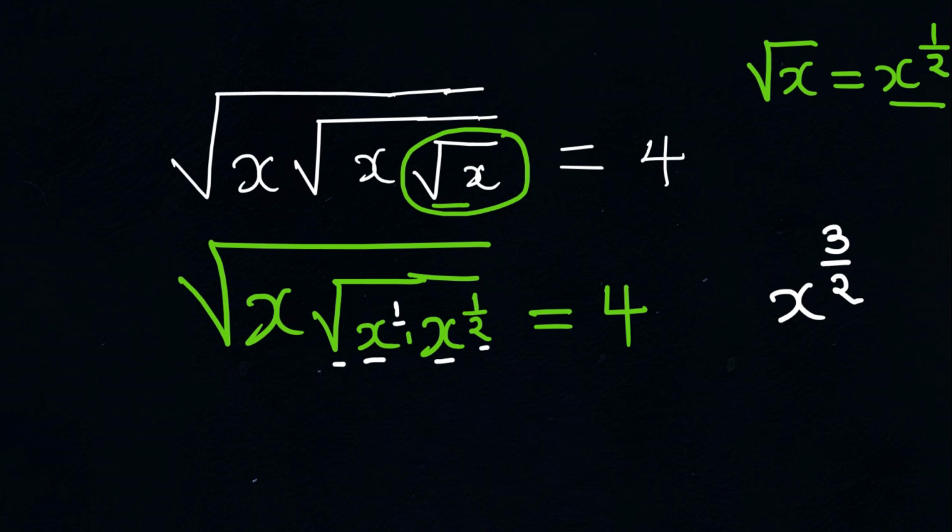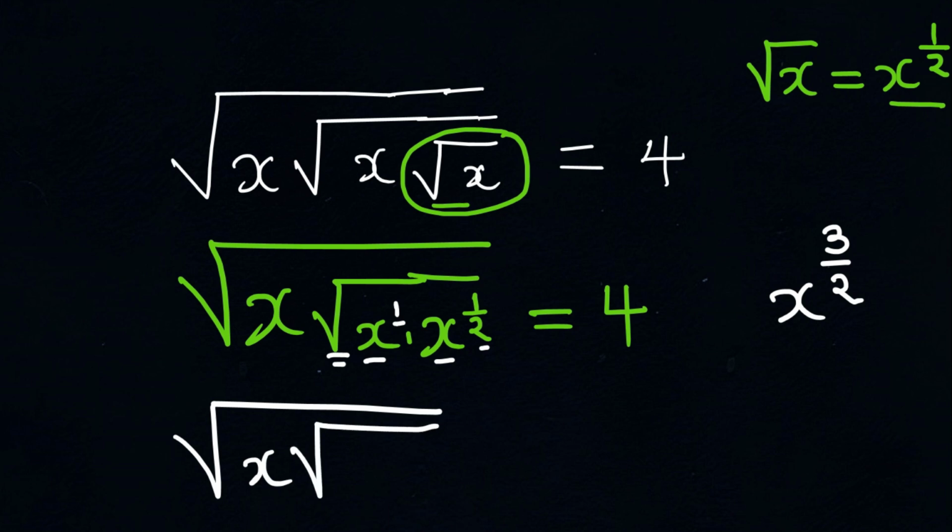So in the end, within this square root, you are going to have x to the power 3 over 2. And that means that the next step will just be x, the square root of x to the power 3 over 2, is equal to 4.